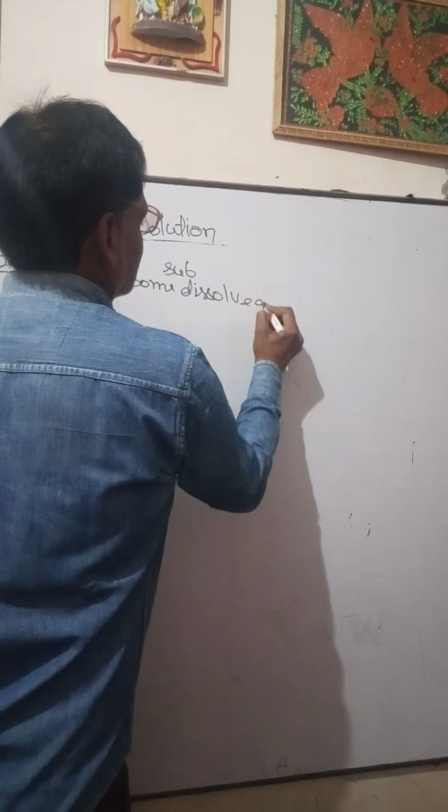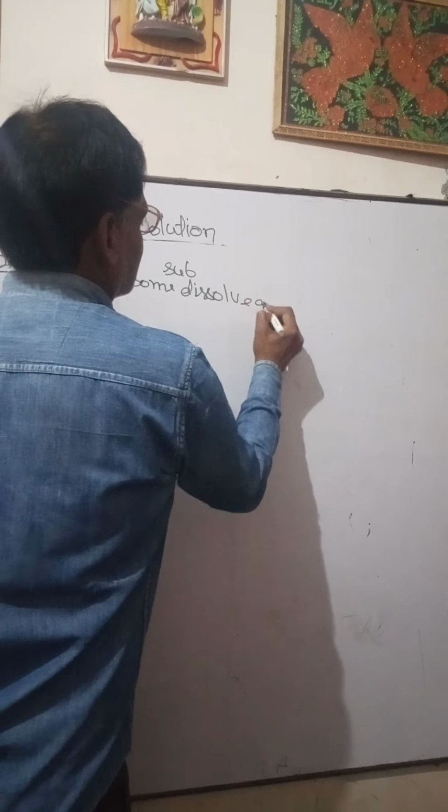Now the process of dissolution should be understood very carefully. Here the sign is given. If delta G is positive, the process will be non-spontaneous. The salt, or any substance, will dissolve on the supply of heat. If delta G is 0, the substance will never dissolve. If delta G is negative, the substance will dissolve on the supply of heat.